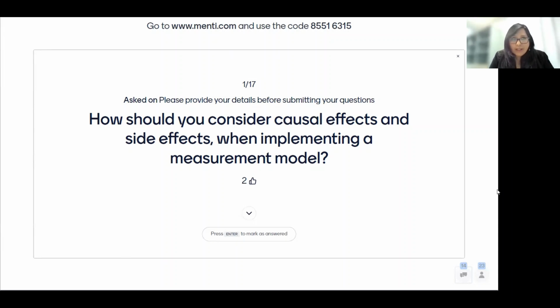The side effect means a secondary effect, usually an adverse effect that occurs in addition to the intended effect. So many measurements around us are failing.